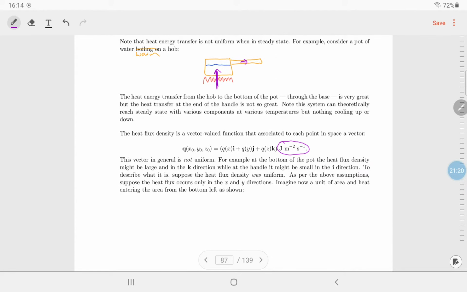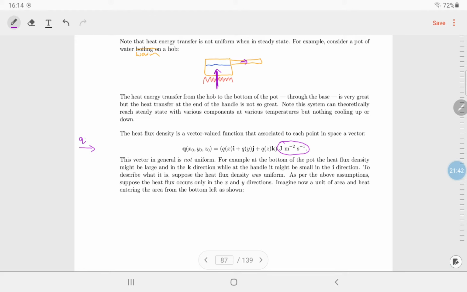It will have a direction. Maybe that's a bit difficult to imagine, but just say it does. So say this is the direction. Now the heat energy is not actually uniform. So if I move up a couple of centimeters, then it's no longer going to be the same value. So this is just Q here.